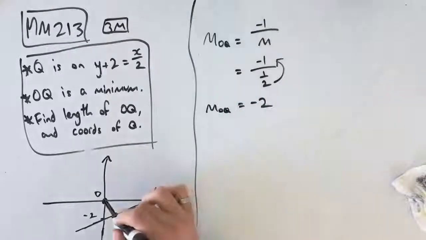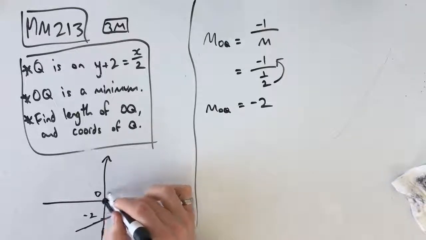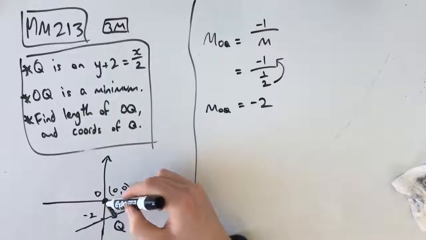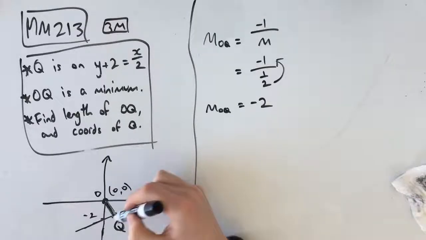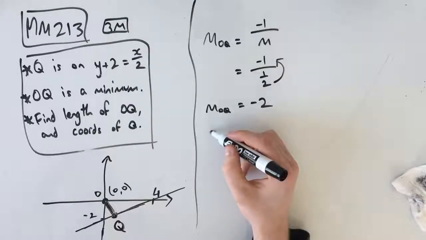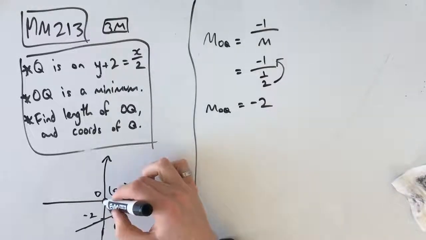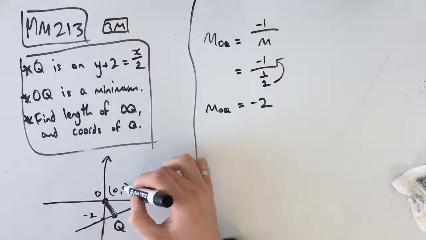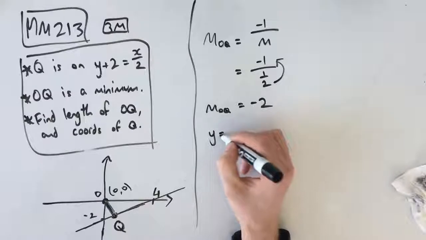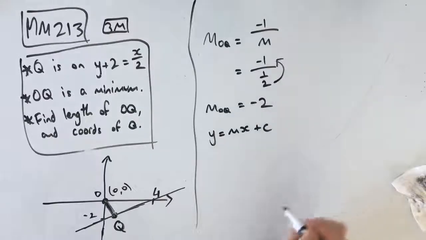We also know that OQ passes through the origin, which is 0, 0, all right? So we want to find out the equation of OQ so that we can find out the point of intersection between those two, right? So we could say that because it goes through 0, our y-intercept is 0, which means that our c value for this line is going to be 0, right? So we can say that a line follows y equals mx plus c.